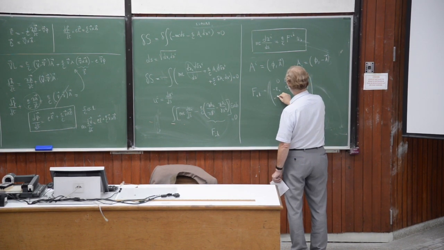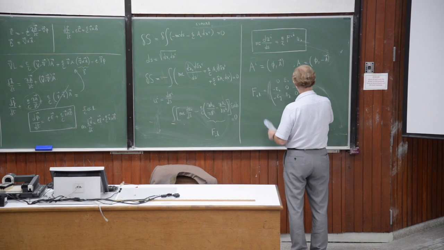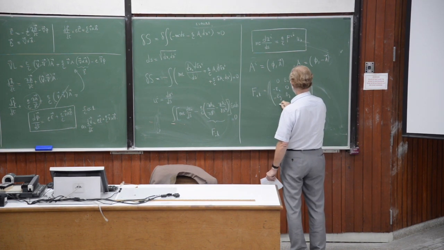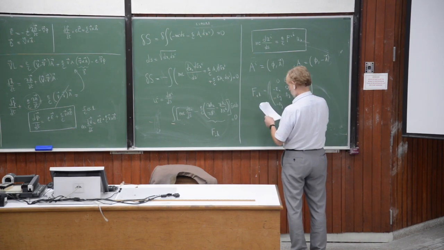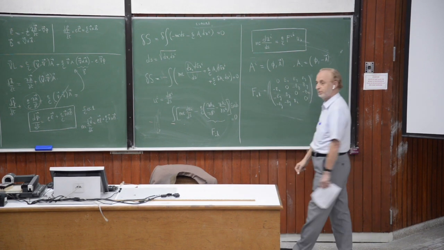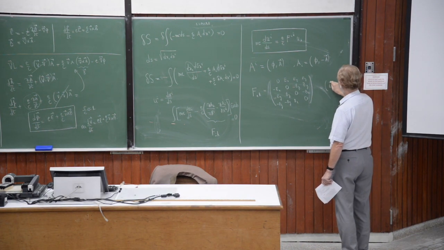Here it is minus Ey, Bz, 0, and here it is minus Bx. Okay, and here it is minus Ez, and then minus By, Bx, and 0. Sometimes I just write it as E, B.